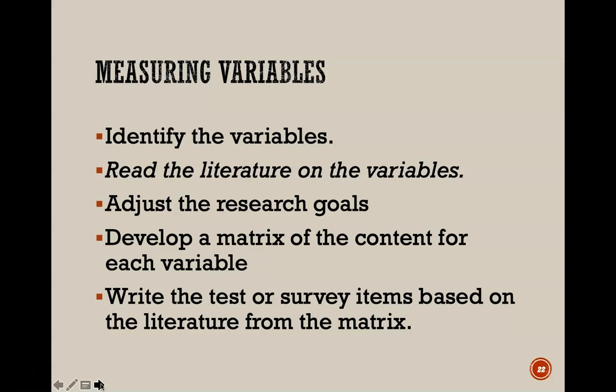And you need to make sure that you have some way to measure the variables that you are saying make a difference in this particular area of research. So you need to identify them, read up on them, develop a matrix if you need to, so you can say this variable will cause thus and such, and then write your test or your survey based on what you have been able to find about the variable.